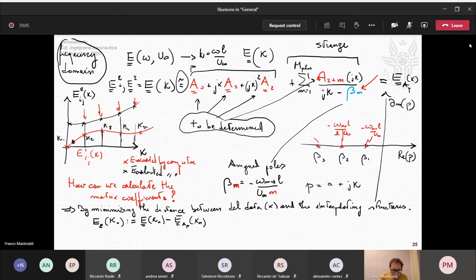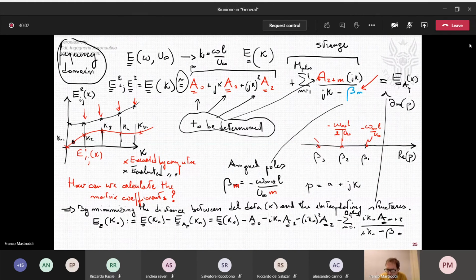Okay, and when you take this difference, it is equal to the value of the matrix evaluated, E(Kn), minus the approximate structure: minus i Kn by A1, minus (i Kn) to the power 2 by A2, minus the summation of m from 1 to the number of poles of i Kn by Am, times 1 divided by i Kn minus beta m, like Miller.